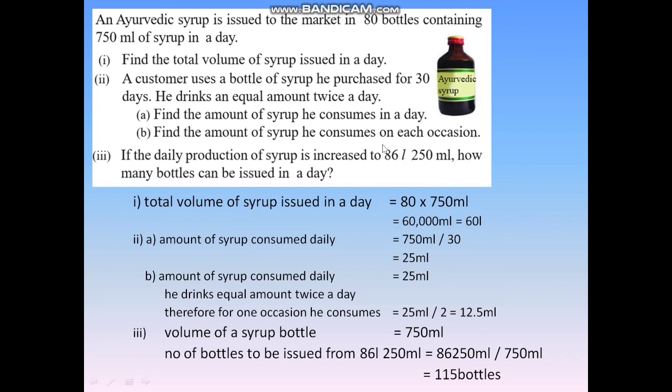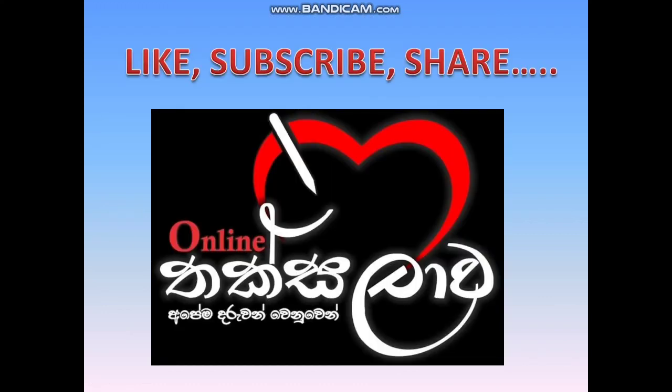So simply we can divide this 86 liters 250 milliliters by 750 milliliters. It's better to convert this whole lot into milliliters. Then we get 86,250 milliliters. We divide by 750 milliliters. We get 115. So if the production is increased to 86 liters and 250 milliliters in a day, 115 bottles can be issued. That's all for today.